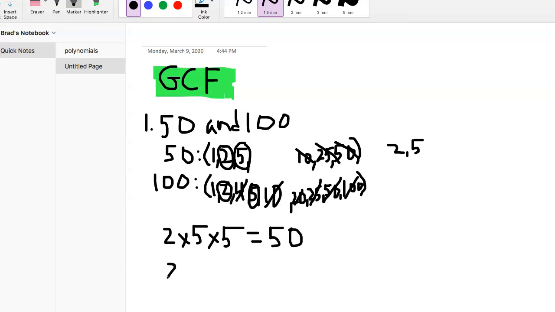So we have 2 times, like another 2 would still work, right? That would give us 4. And then 4 times 5 is 20. So we'll put in a 5 here. And 20 times 5 is 100. So that's our prime factorization of 100 right there.